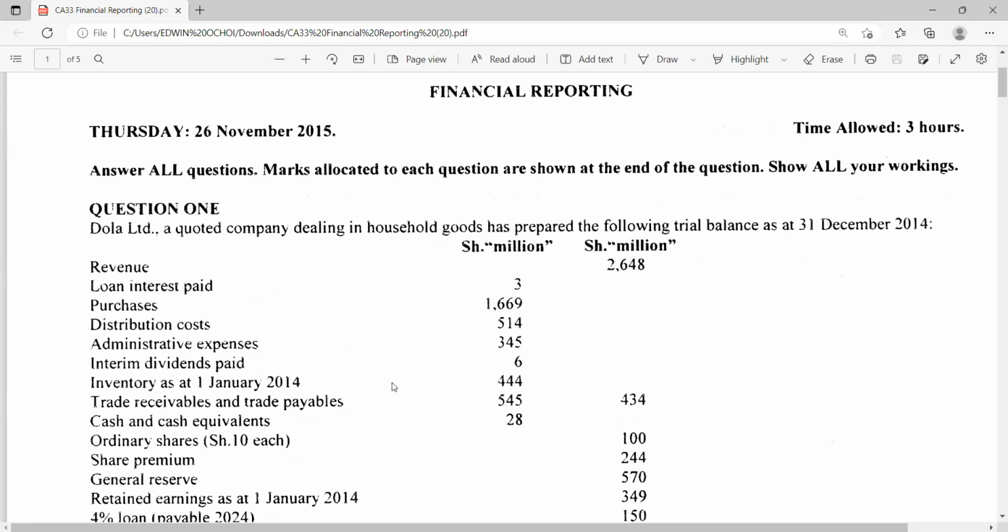They are saying that Dora Limited, a quoted company dealing in household goods, has prepared the following trial balance as at 1st December 2014.